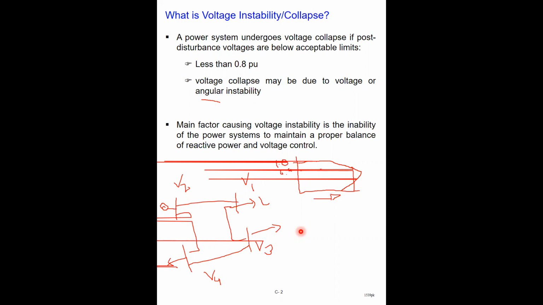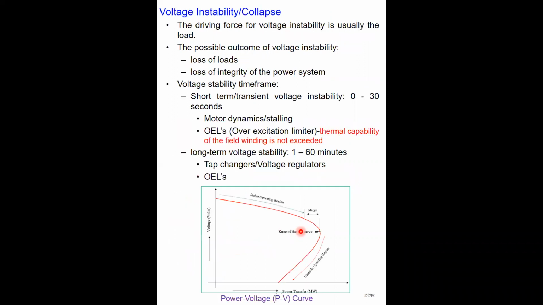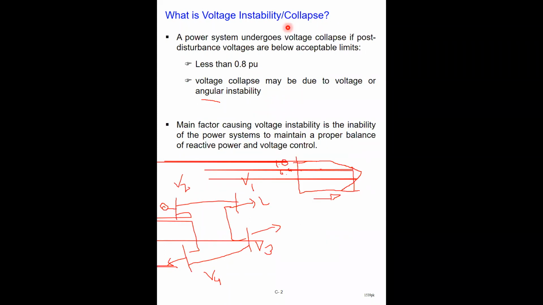Right. So next one. So we continue. So the driving force for voltage instability, mainly what we have experienced. If you refer here, I talked about this voltage drop and the voltage collapse. I had this example where you have the increase in the load demand here.